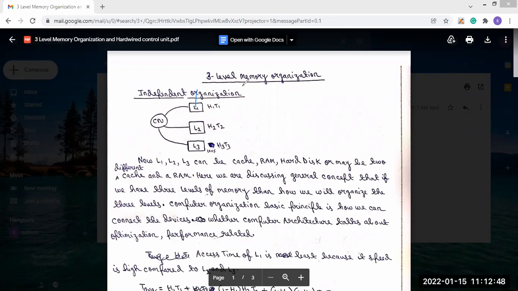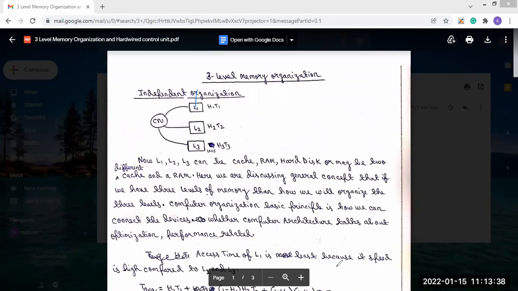If you observe, the computer architecture part basically talks about performance and optimization related things. For example, we have already seen that if we follow the pipeline, then the speed will increase. But the computer organization part looks over how we can connect the devices, and that is what we have mentioned here, how the devices are to be connected.